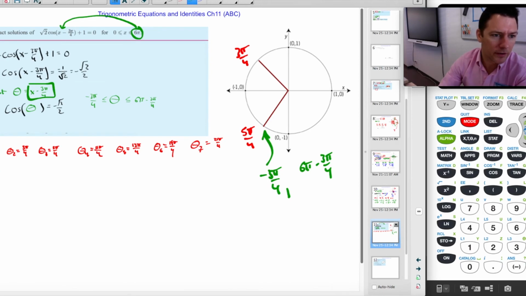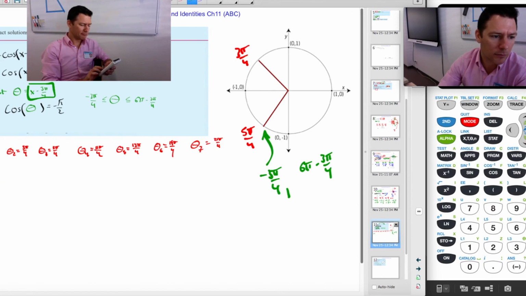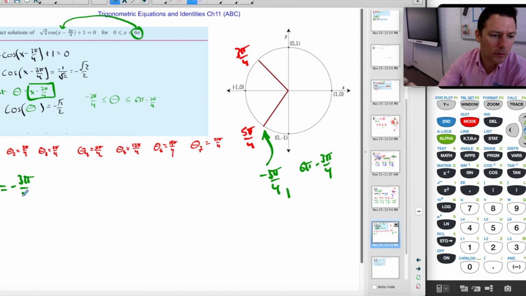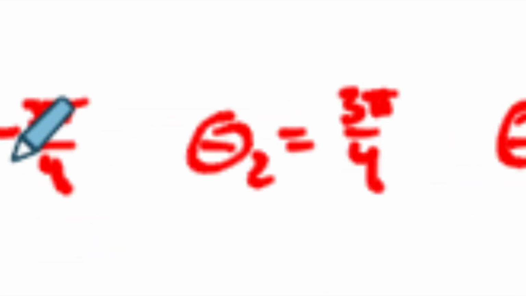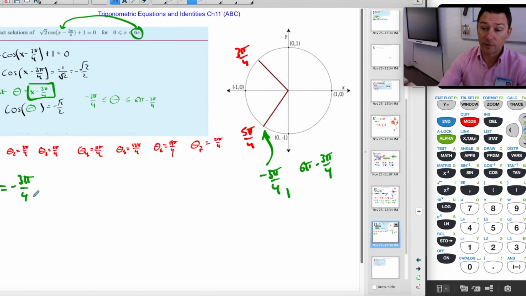So this first one is not theta equals negative 3 pi fourths, but x minus 3 pi fourths equals negative 3 pi fourths. Add 3 pi fourths to both sides and x equals 0.